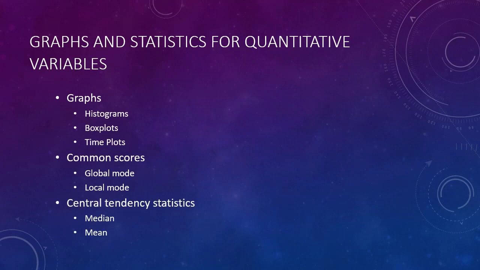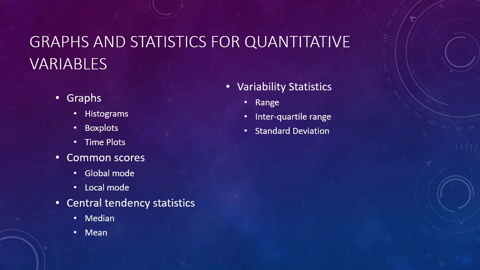The median and mean are the two statistics we learn for identifying the center or central tendency of the distribution. We need to accompany an understanding of center with an understanding of the spread or variability of the scores. We can look at this through the range, the interquartile range, and the standard deviation.